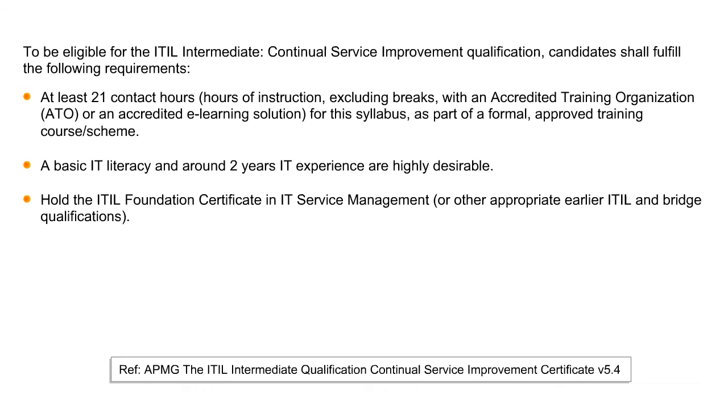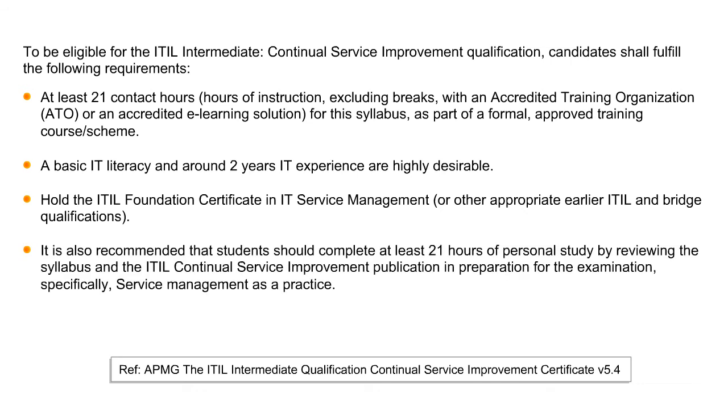Hold the ITIL Foundation Certificate in IT Service Management or other appropriate earlier ITIL and Bridge qualifications. It is also recommended that students should complete at least 21 hours of personal study by reviewing the syllabus and the ITIL Continual Service Improvement publication in preparation for the examination, specifically Service Management as a Practice.